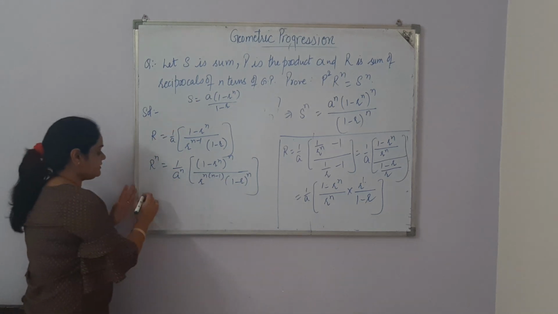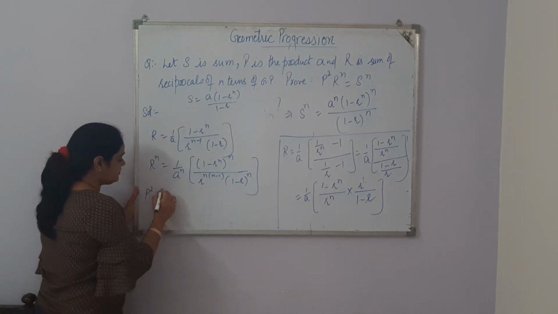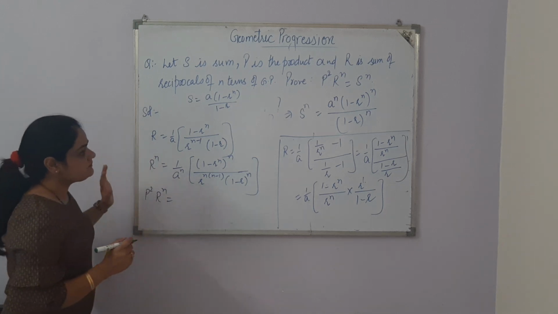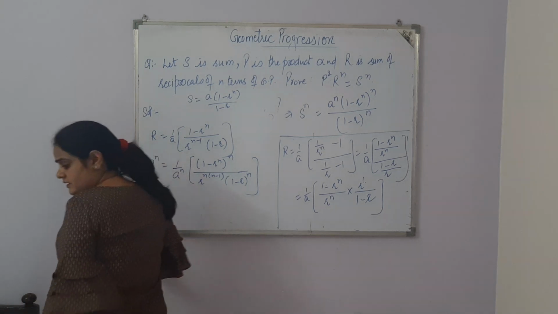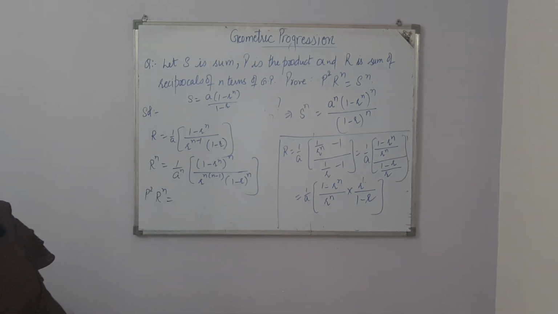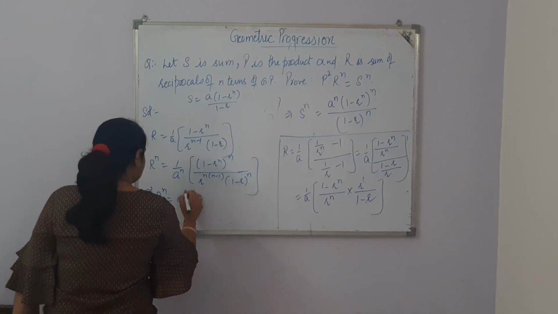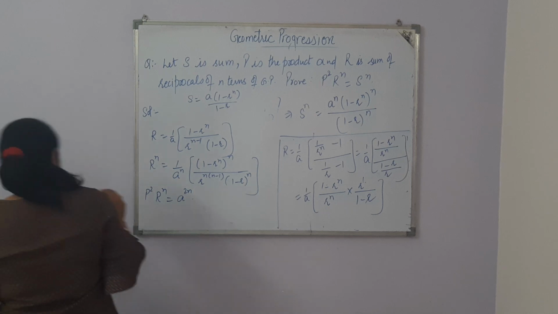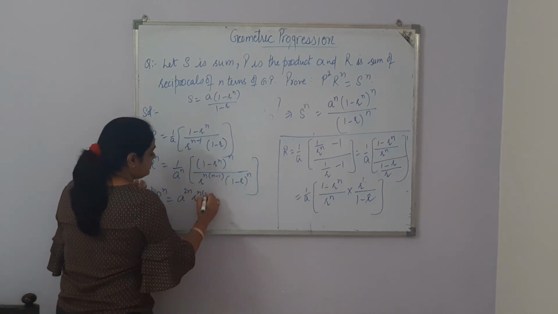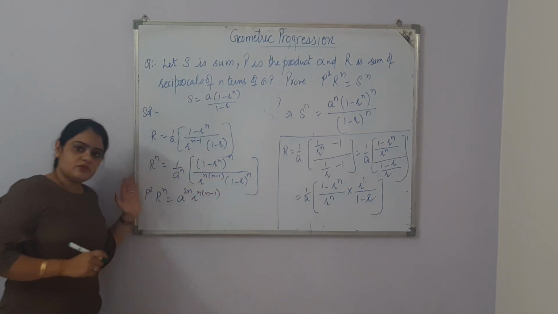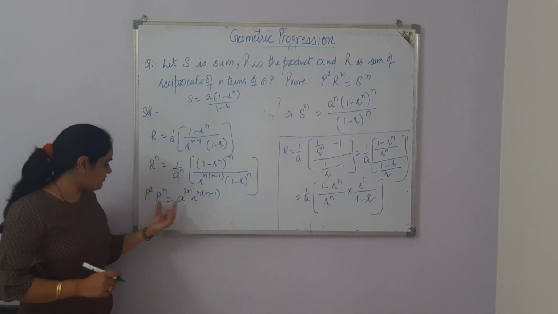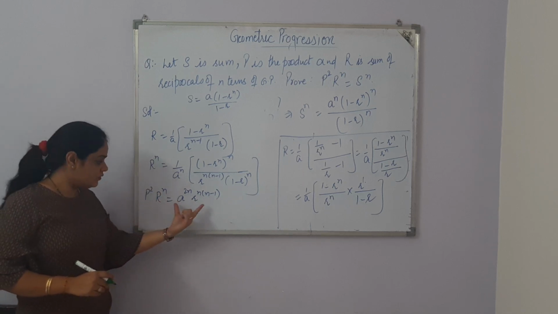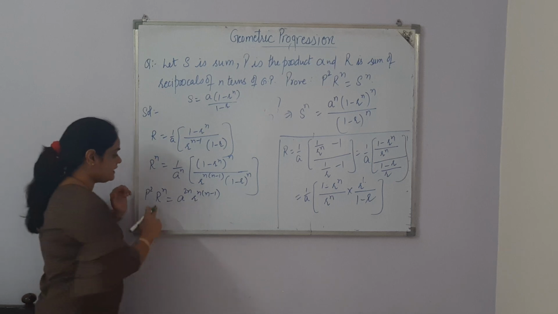We need to multiply it with p square. We have already found out p square. What was it? It was a raised to power 2n into r raised to power n into n minus 1. I have already calculated it. Before that, we find the value of p square. So p square value is this, and R raised to power n.